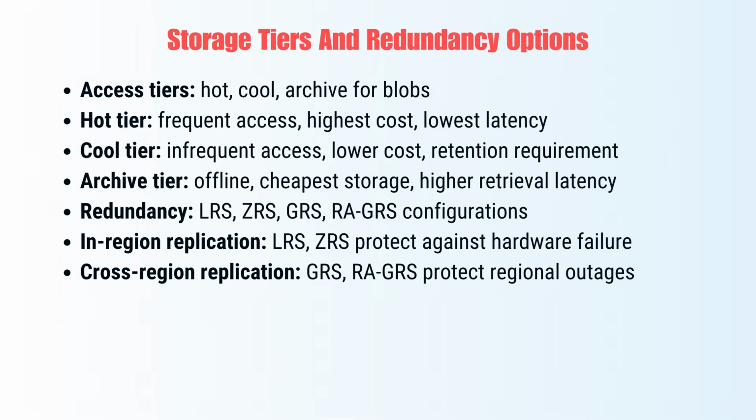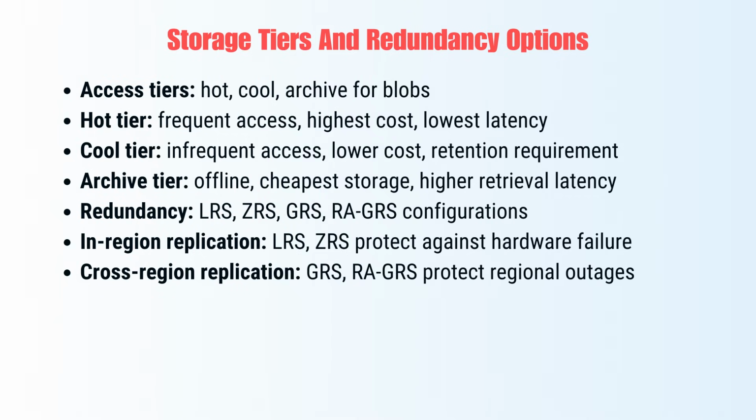Now, redundancy. Azure offers several options to protect against hardware and regional failures. LRS, locally redundant storage, keeps 3 copies of your data within a single data center. ZRS, zone redundant storage, spreads data across multiple availability zones within a region.